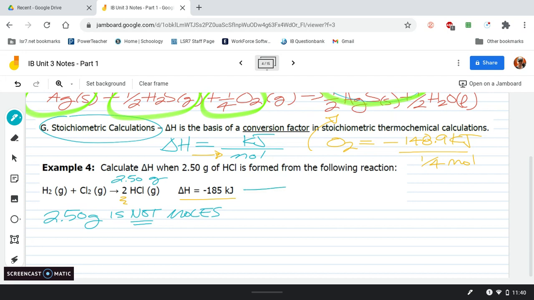Once we convert that over, we can use this conversion, which is going to say for hydrochloric acid, delta H is going to equal negative 185 kilojoules for every 2 moles of hydrochloric acid. Not a very good looking 2. And so because there's a 2 here, there's not a 1 on the bottom. Okay, so just be aware of that. So let's set this up.